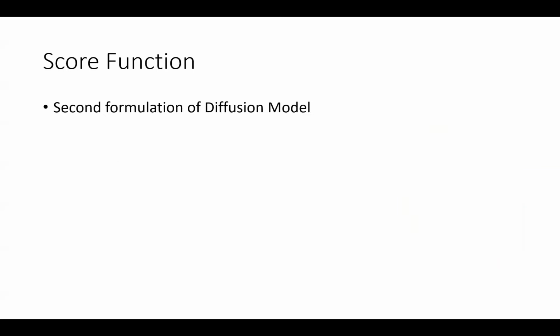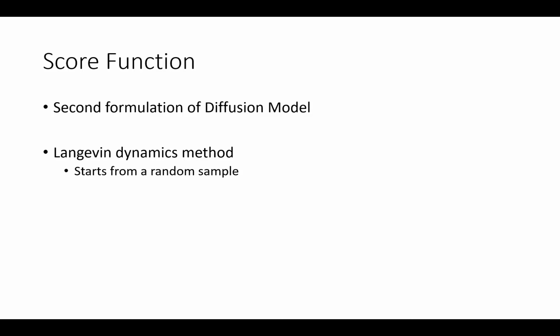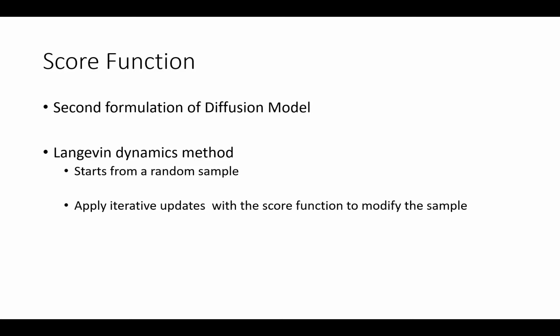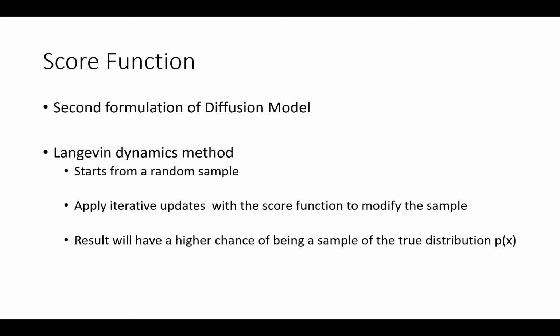So the second formulation of the diffusion model is going to use the score function, the gradient of the probability density function. We are going to use what is called the Langevin dynamics method, where we start from a random sample and apply iterative updates with the score function to modify the sample.